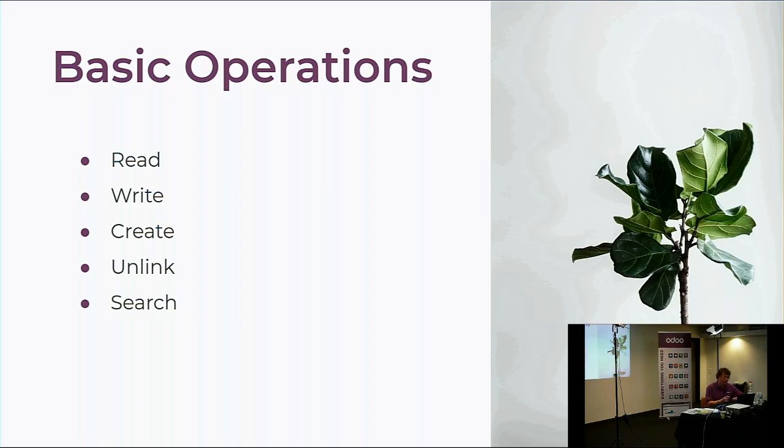To search records based on certain criteria, you can use the search method. It takes a domain as argument and will return all the records of this model that match the given domain, the conditions you gave. You can use additional parameters to limit the amount of returned results, for example.